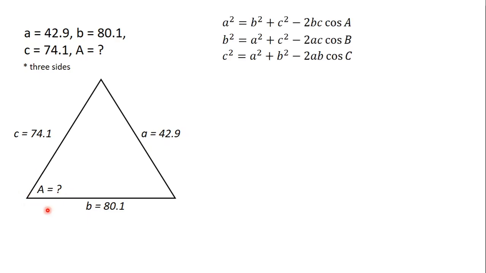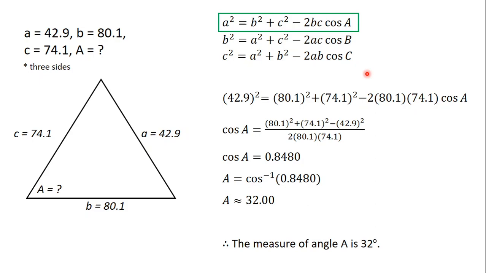So which among these laws are we going to use? We are going to solve for the measurement of angle A, so we're going to use the first law, which involves the angle A, because the other two involve angle B and angle C.